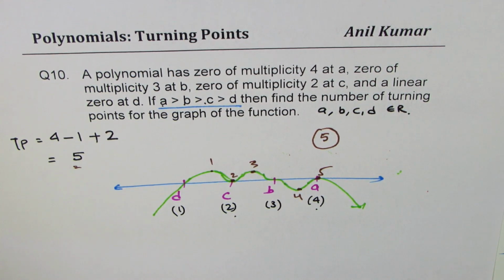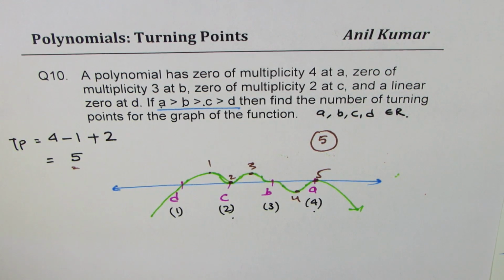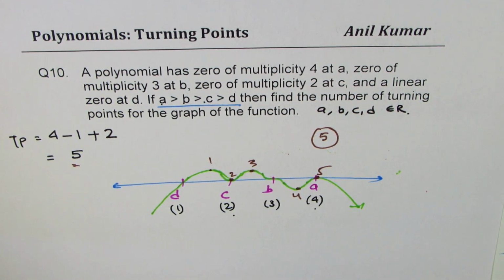So I hope with this you have learned almost everything required on this topic of polynomials and turning points. So turning points could be local maximum or minimum. At a turning point, concavity will never change. Concavity changes at point of inflection, okay? And at turning point, the tangent is 0.